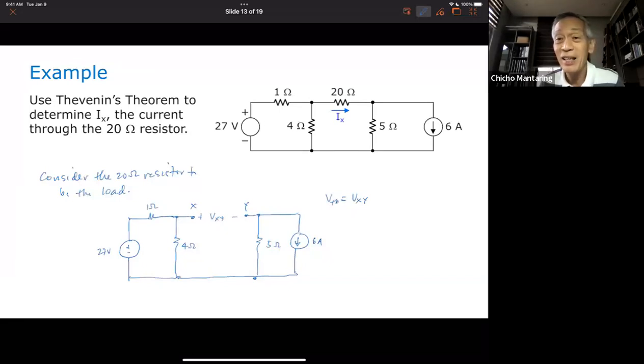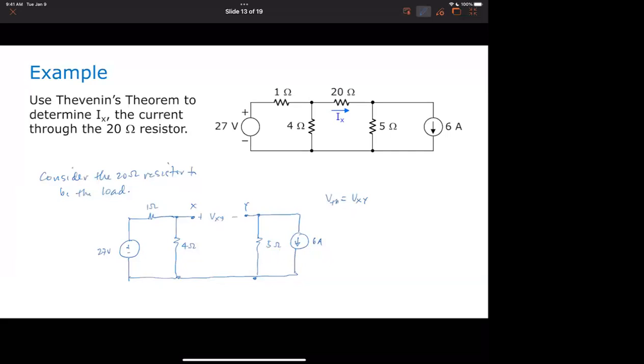Yes, Ruben? Sir, following up on what Renz said, I think that's half of it solved, because that would be the voltage at node Y. Just a guess, sir. Because that's the voltage there, if we solve for the voltage at node X, that should get us Vxy then.